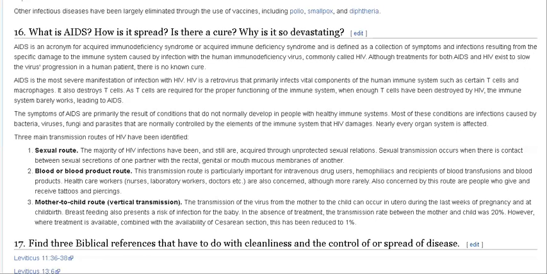Three main transmission routes of HIV have been identified: the sexual route, the blood or blood product route, and the mother to child vertical transmission. So let's hear about each. Sexual route: the majority of HIV infections have been and still are acquired through unprotected sexual relations. Sexual transmission occurs when there is contact between sexual secretions of one partner and the rectal, genital, or mouth mucous membranes of another.